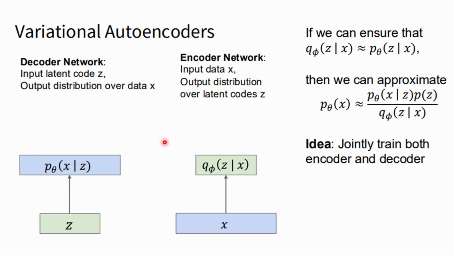And in terms of the encoder, again, we have the x, and we're trying to encode it into the latent space Z. The idea is that we jointly train both the encoder and decoder. And this is the math side of things, where we can approximate P of theta given x, using Bayes' rule to get to this equation.